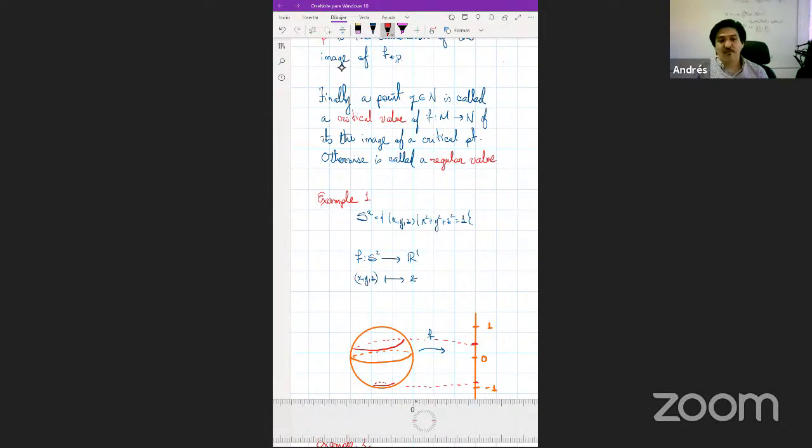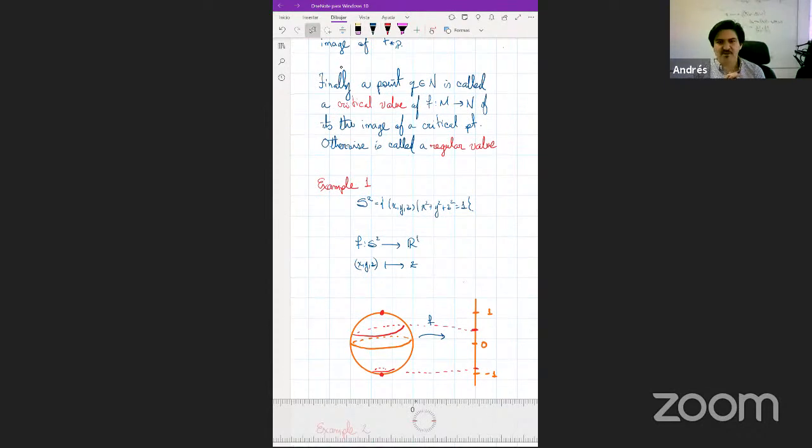However, for 1, the preimage is going to be a point, and for -1, the preimage is also another point, the south pole. So far, so good? So almost for any point, the preimage is a circle, except at 2 points. I have the north and south pole for 1 and -1.